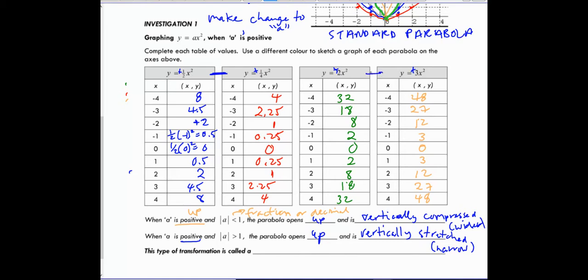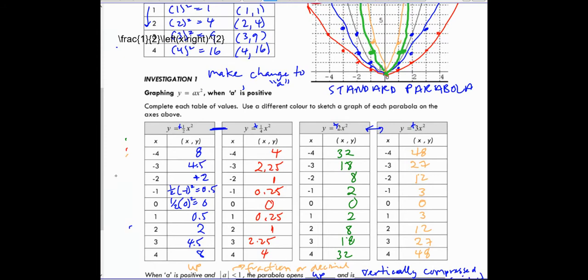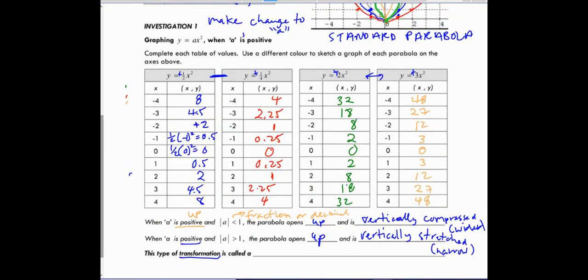For these two, the bigger the number, 3 is bigger than 2, the larger that a value is, the more narrow the parabola gets. Now, transformation is an important word. We're transforming from the standard to something a little different. So this type of transformation is called vertical compression or stretch.